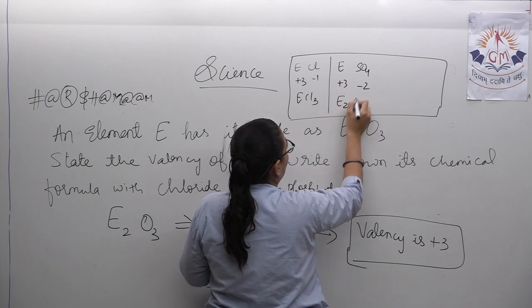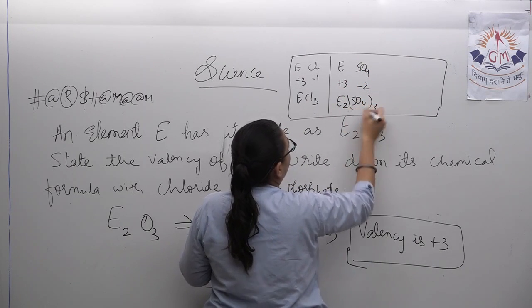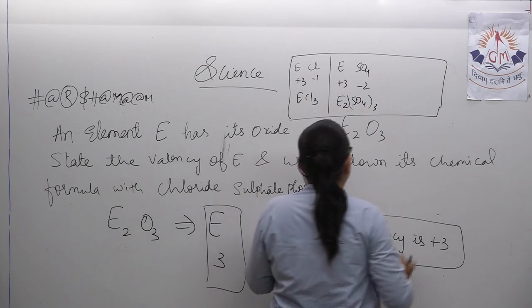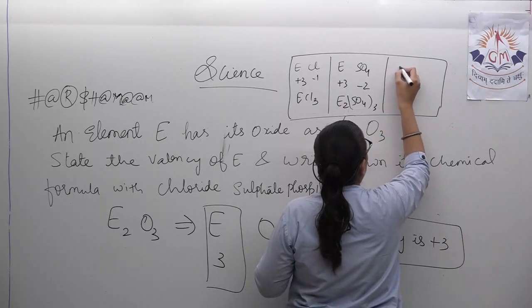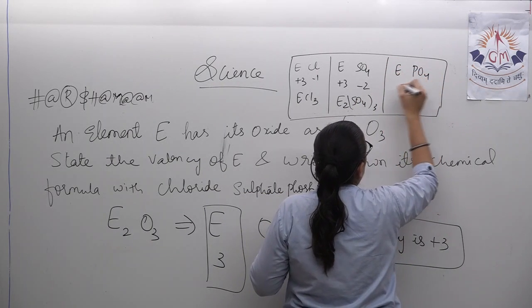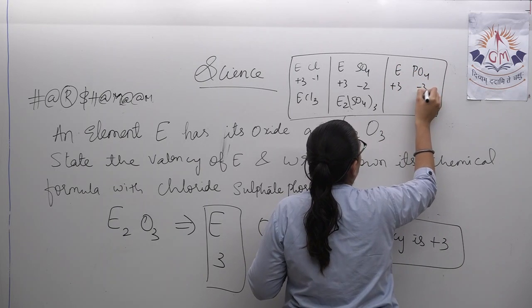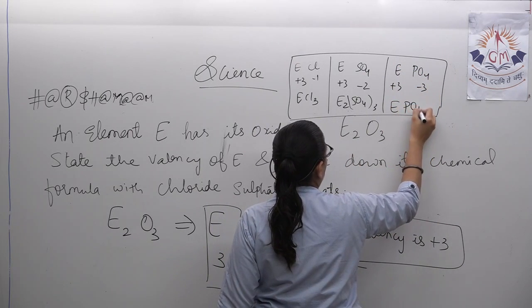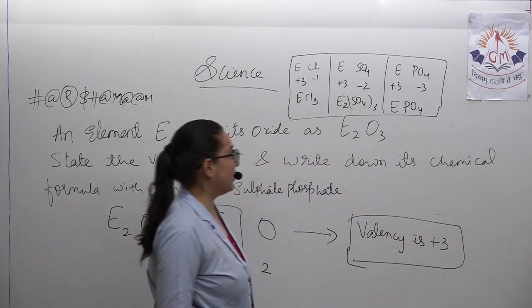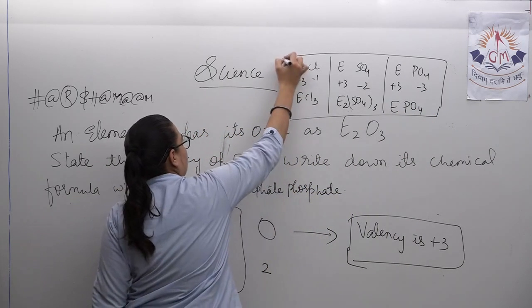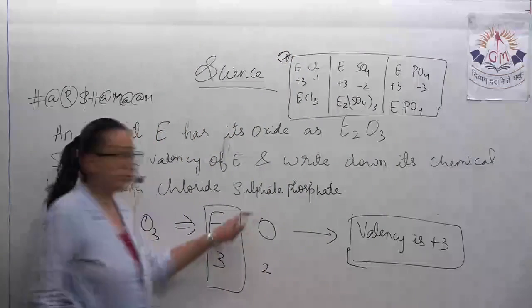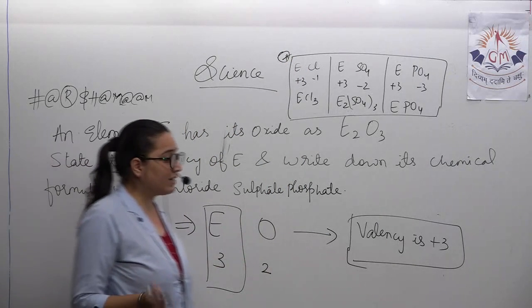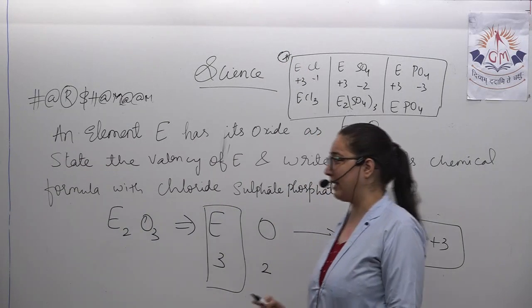It will be E2(SO4)3. Phosphate, EPO4, plus 3 and minus 3. The valencies are same, so no need to mention. So this is the next particular answer. Note down this whole content very quickly in a minute, then we'll wind up.